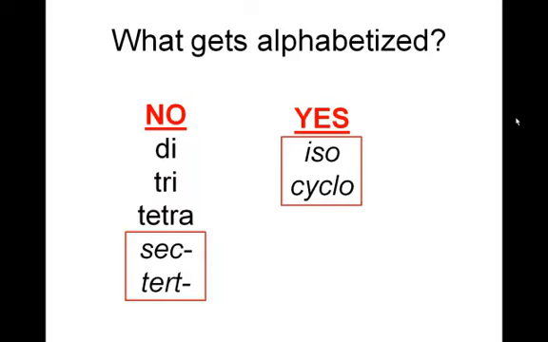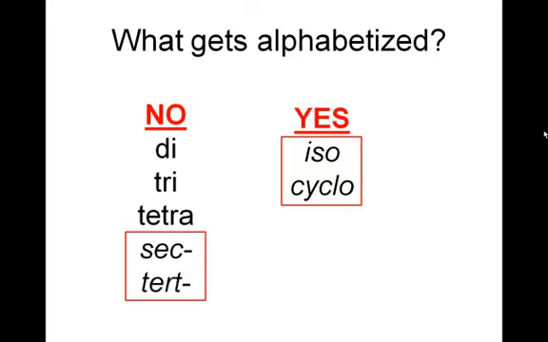If you look at these names, now these are telling you something about the structure of the group or the substituent, iso and cyclo, sec and tert. But sec and tert do not get alphabetized while iso and cyclo do. And the way that I think about this is that sec and tert refer to a number. It's not the number of the different types of groups that are present.